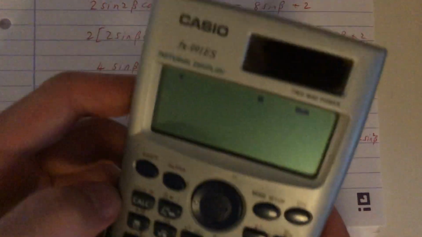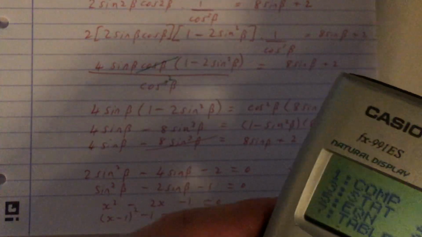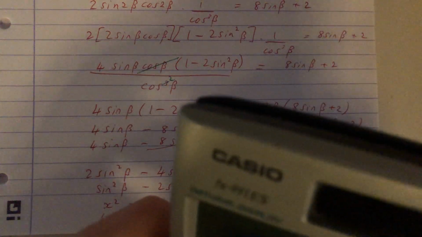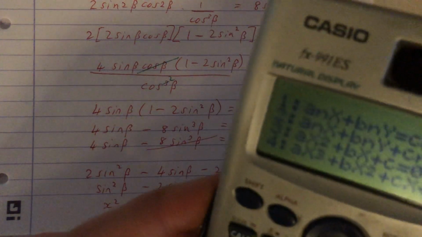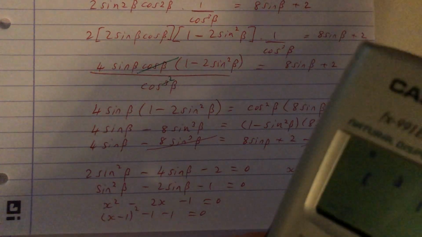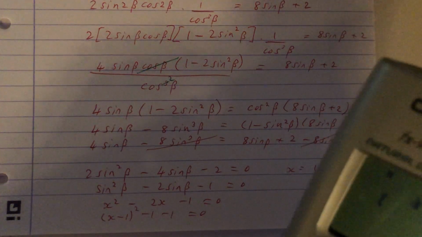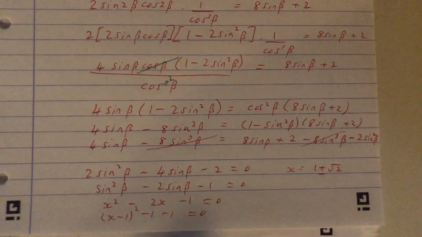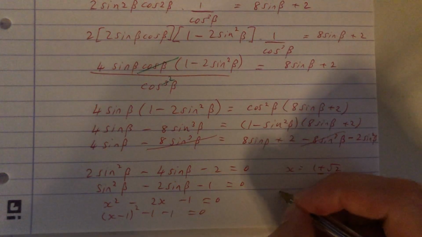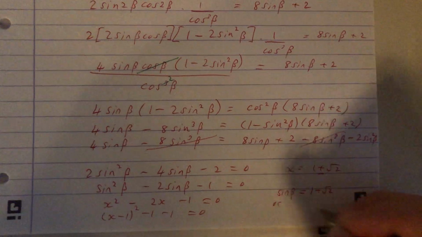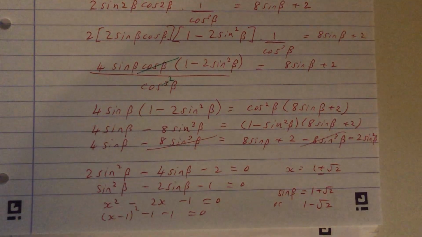Let's check on the calculator, put the quadratic in. 1 minus 2 minus 1. Yeah, looks like that looks right. To give you sine beta is equal to 1 plus root 2 or 1 minus root 2.